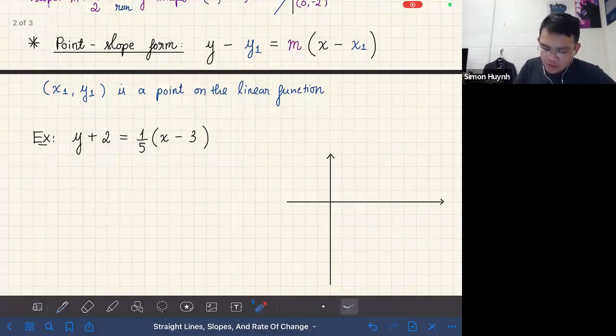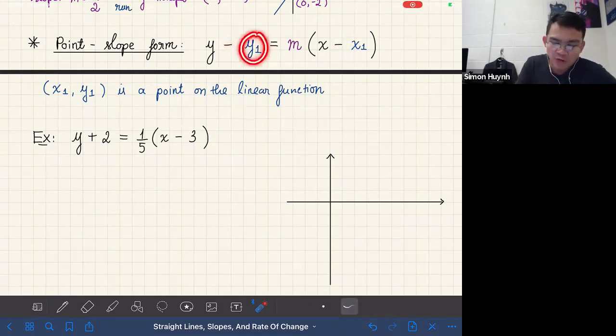And we also note that with this minus sign, y minus y1 and x minus x1, the minus sign is outside of the value of y1 and x1. So that's something that you also have to be careful and keep in mind. Sometimes students are confused about what is the actual value of y1, whether it's negative or positive. The same thing goes for x1 as well.